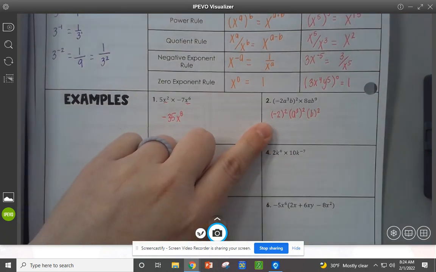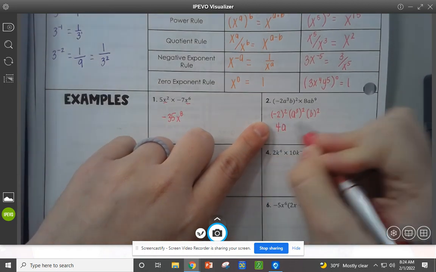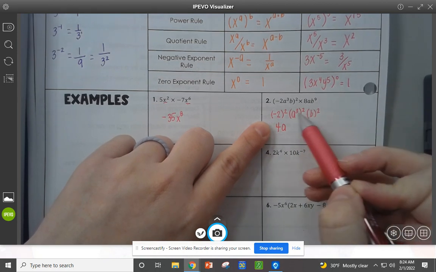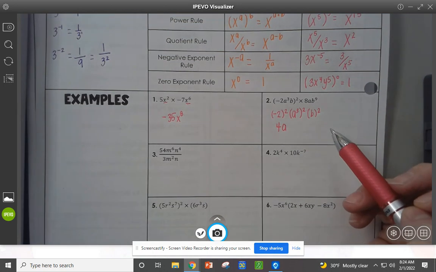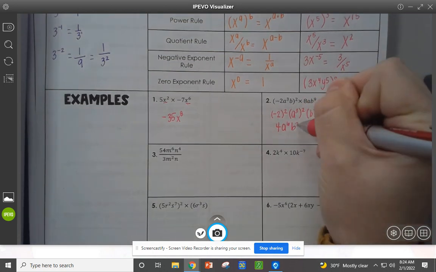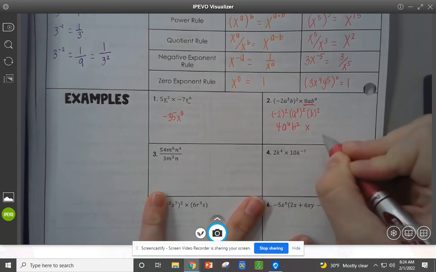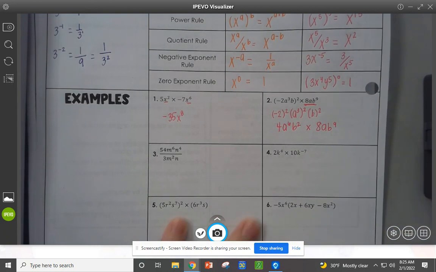What is negative 2 squared? Positive 4. And then we would have a to the 6th, and then just b squared. And then this is still being multiplied by this 8ab to the 9th.